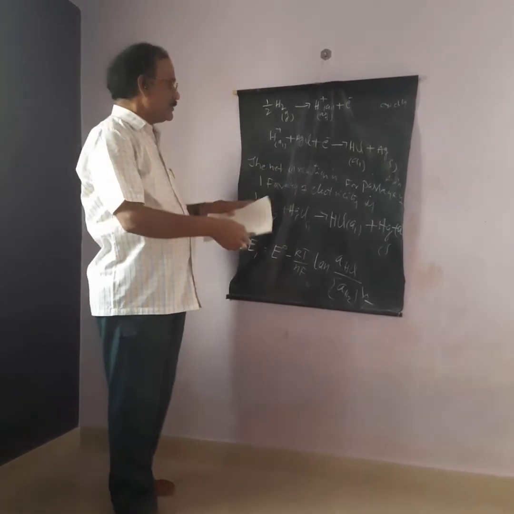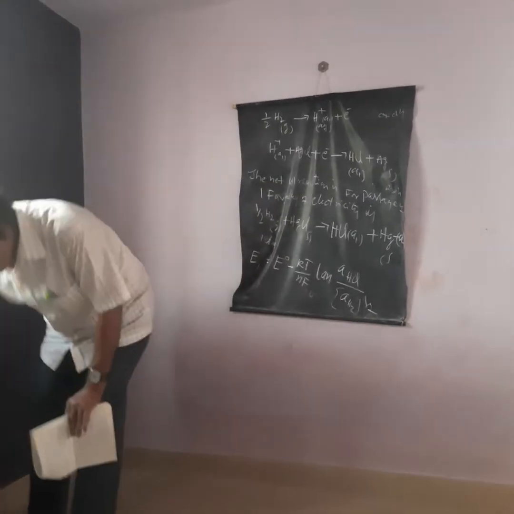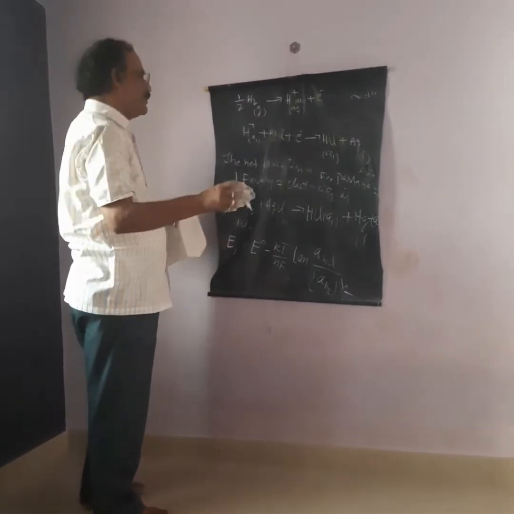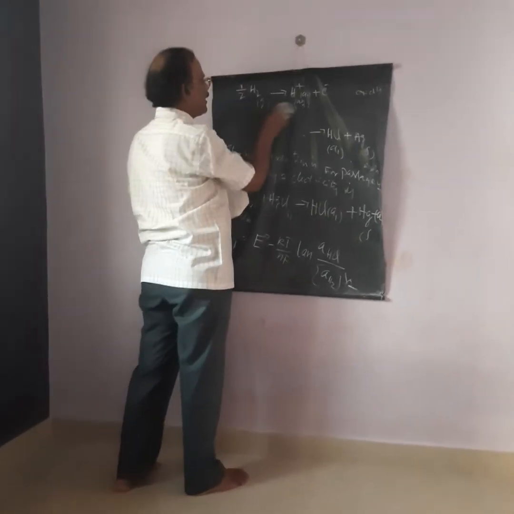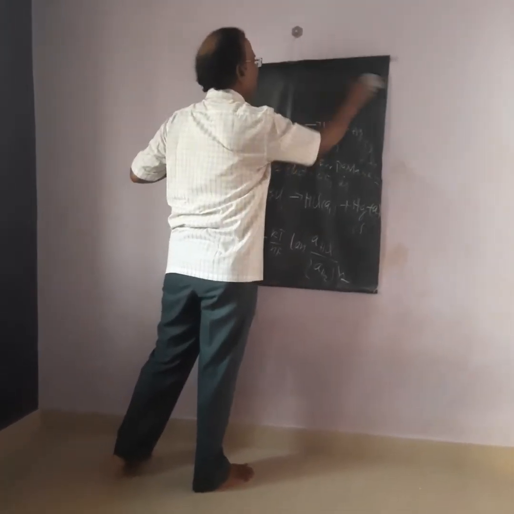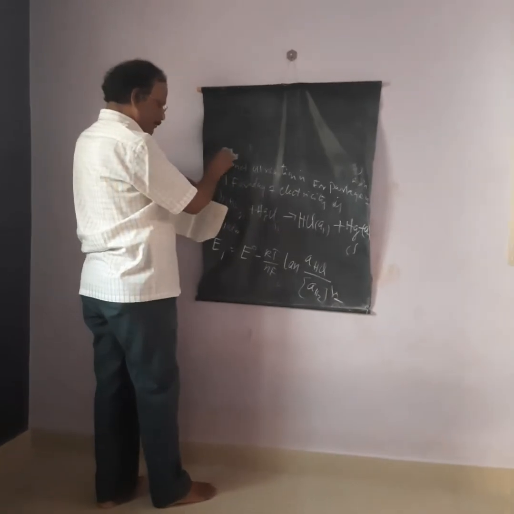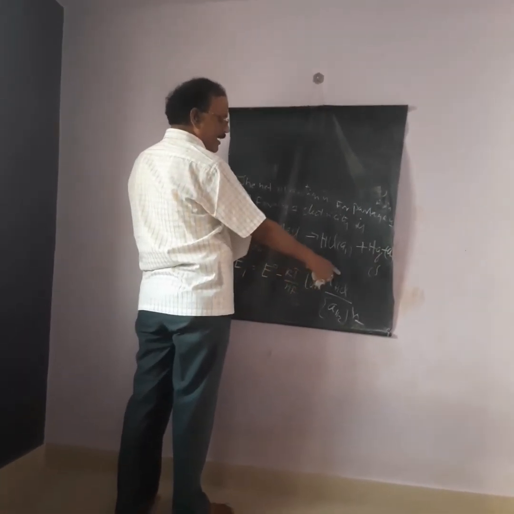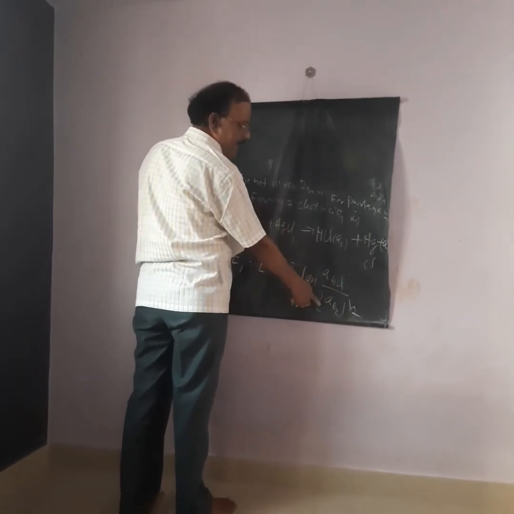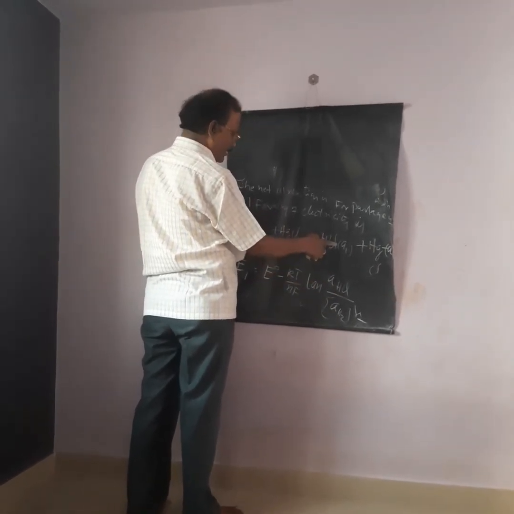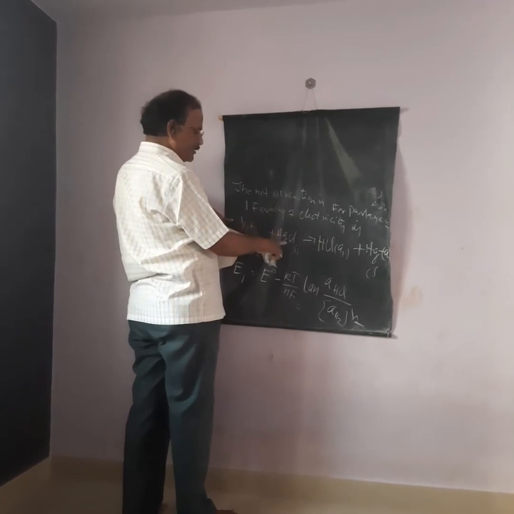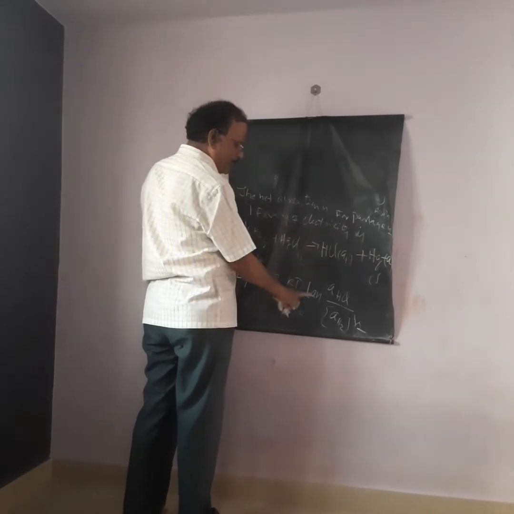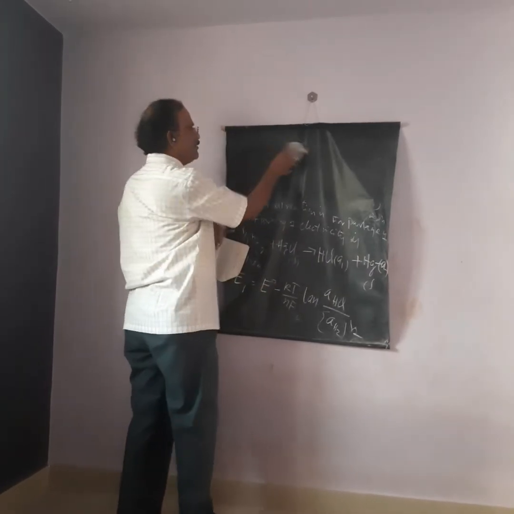Then we can write E1: the activity of H2 gas is taken as unity and the solid is also taken as unity. So this activity is 1, this activity is 1, this activity is 1. Only the activity of HCl remains.